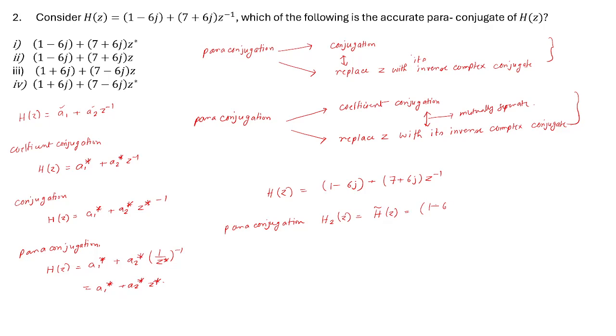So it consists of the following steps. You take the complex conjugate of the coefficients and you replace z by its inverse complex conjugate, that is 1 over z star.